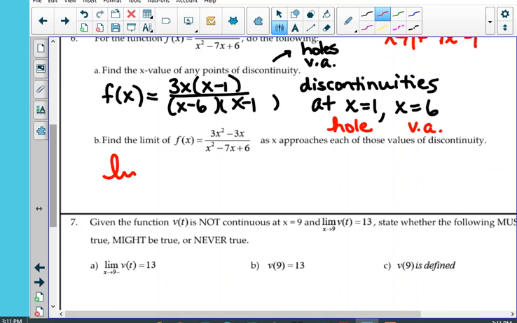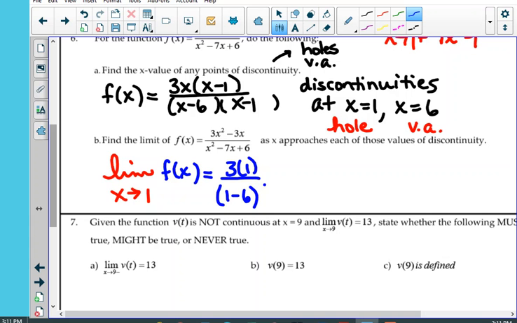So if we do the limit as x approaches 1 of f of x, my x minus 1s will cancel out, and I'll be looking at 3x over x minus 6.